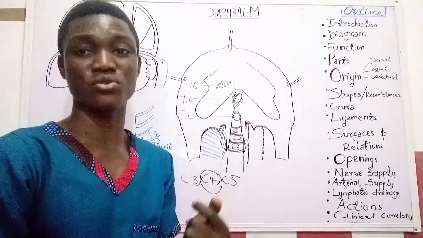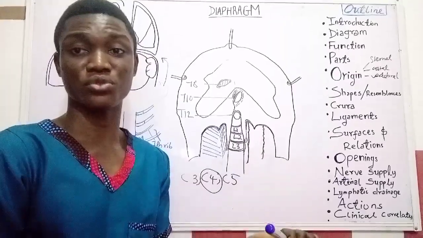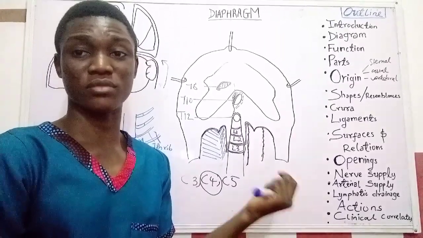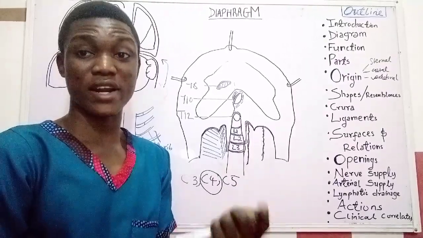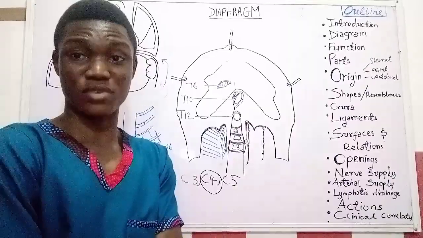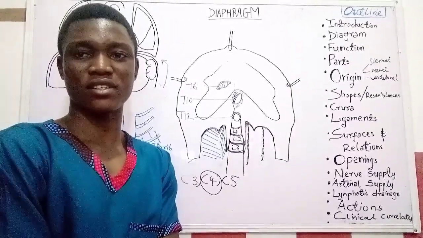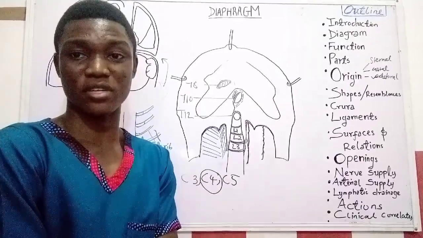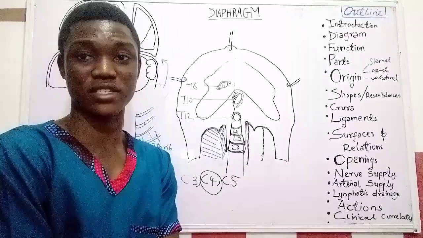So when there is damage to the nerve, maybe due to a problem from the root, that is from the cervical plexus, or maybe directly at the trunk or at the branch, this can result in phrenic nerve damage, and when the phrenic nerve is damaged, the diaphragm becomes paralyzed.